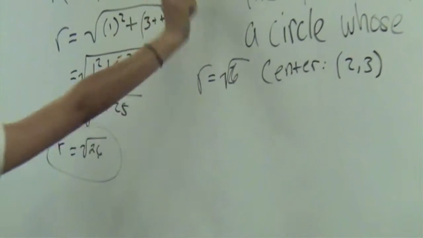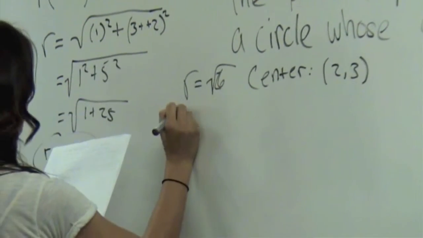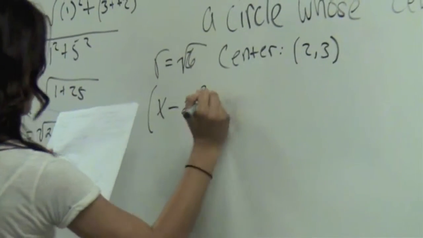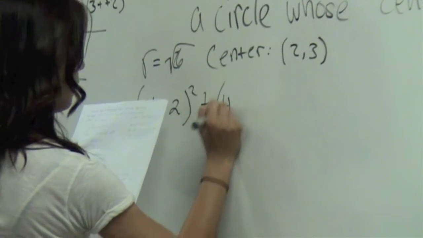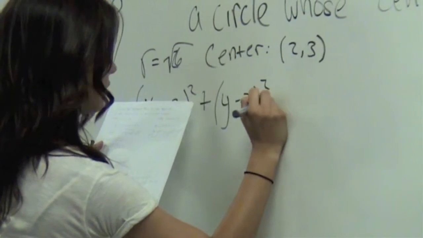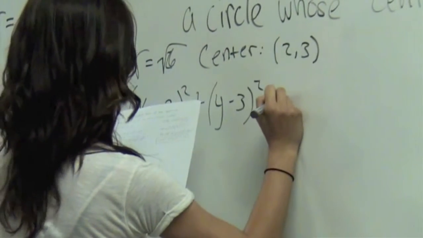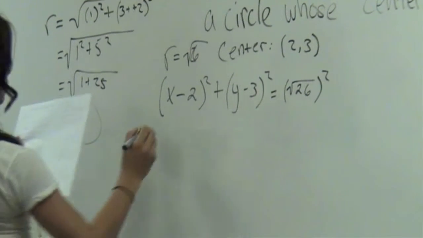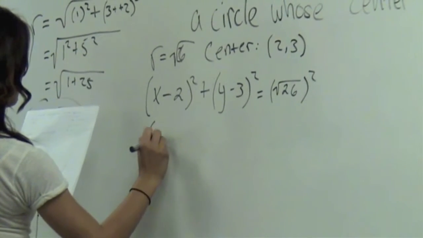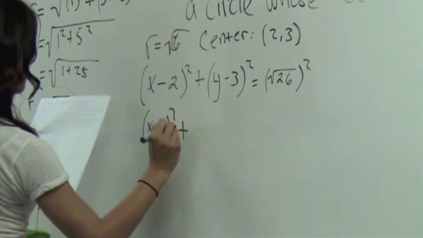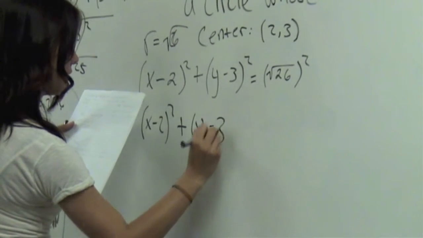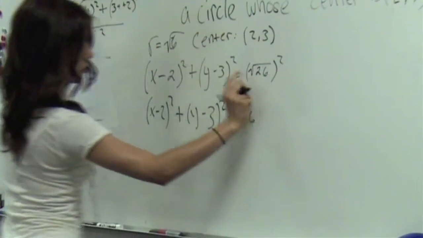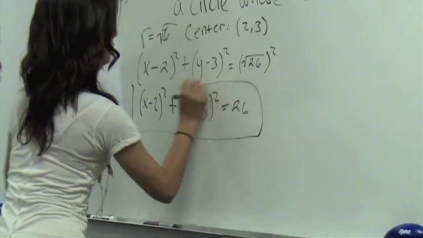And then you use the same formula, so you do (x minus 2) squared plus (y minus 3) squared equals square root of 26 squared, which is (x minus 2) squared plus (y minus 3) squared equals 26, because the square root cancels out, and that is the equation.